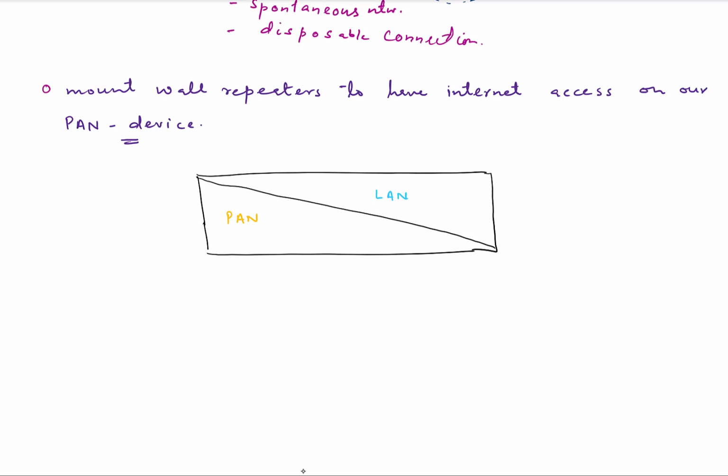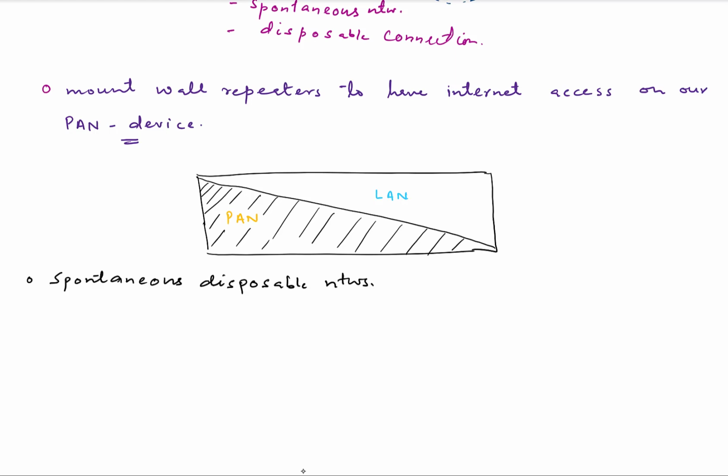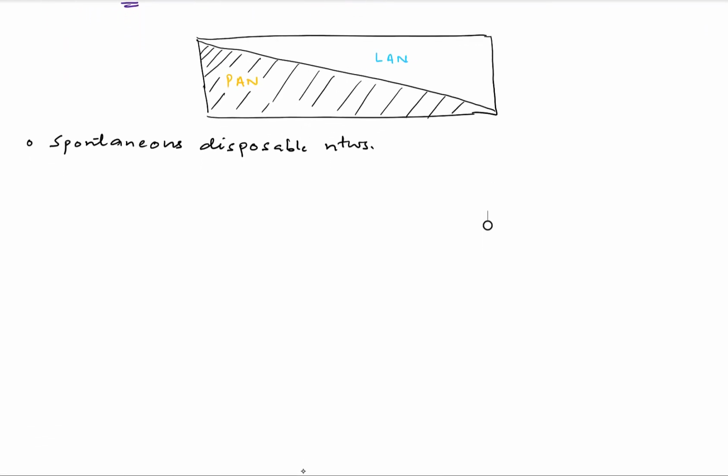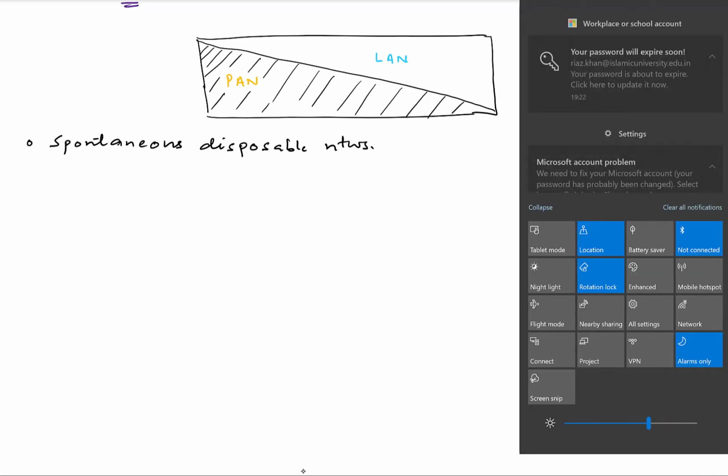And they are contradicting each other in their properties, because these PAN networks are spontaneous disposable networks. Spontaneous disposable networks means they have ad hoc nature, and they connect when they intersect each other's personal operating space, and they form a connection, but that connection is a disposable connection that can be broken down anytime.